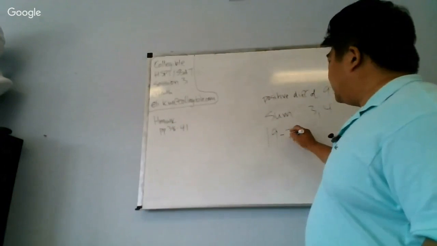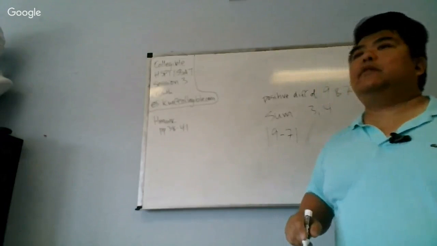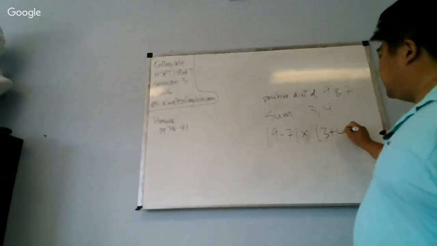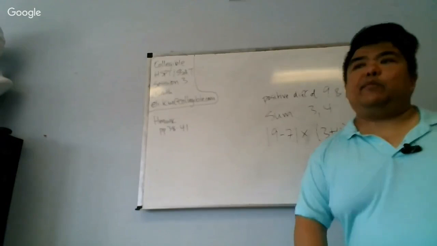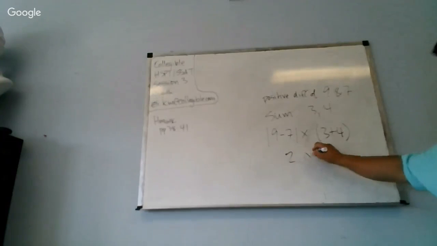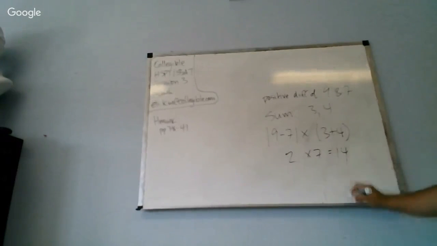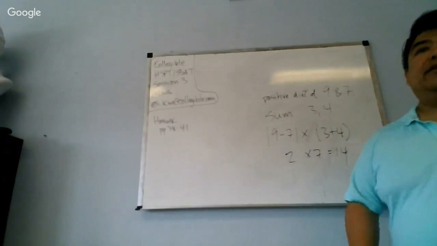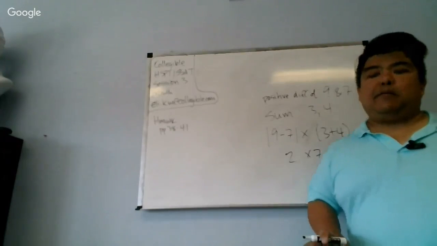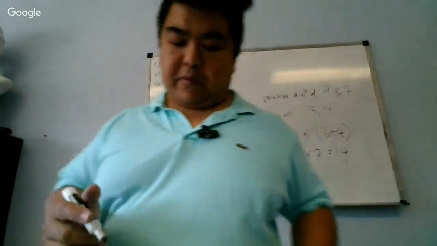So you're doing the absolute value of 9 minus 7, okay, times the sum of 3 plus 4. What is that going to be? Yeah, so this is 2 times 7, 14. Correct. Good. So you guys are seeing that now? Okay.